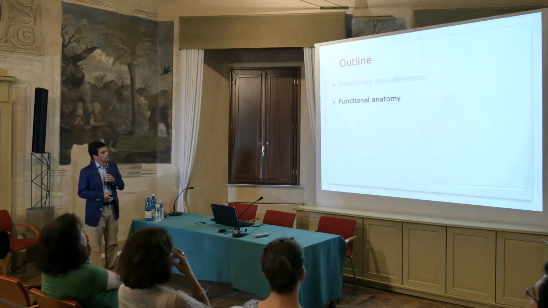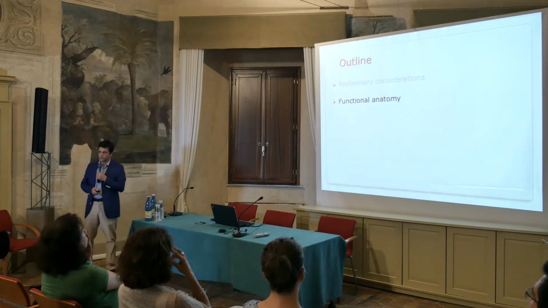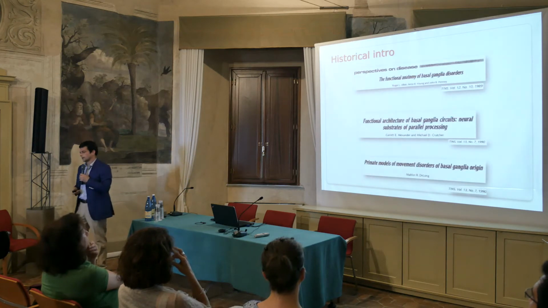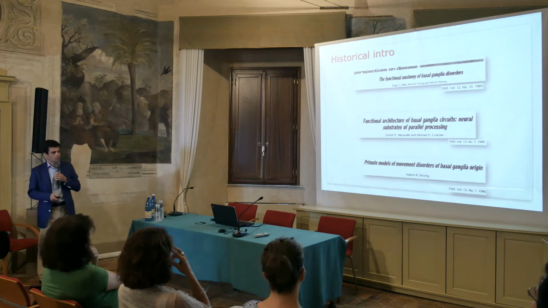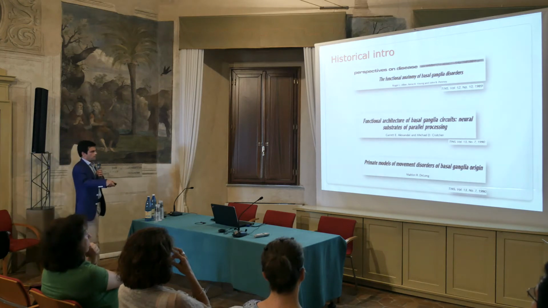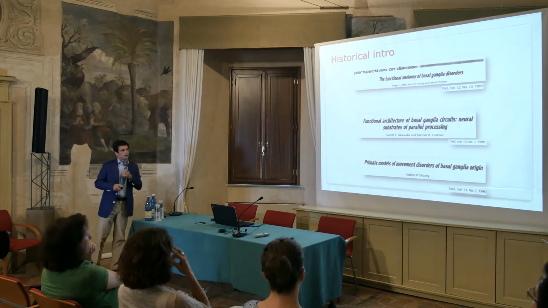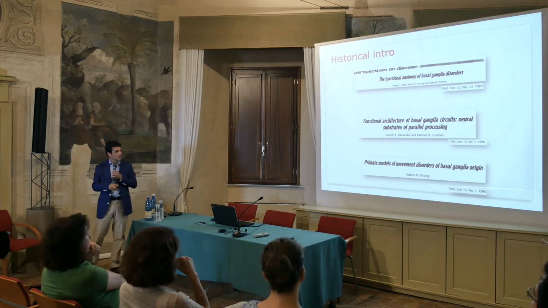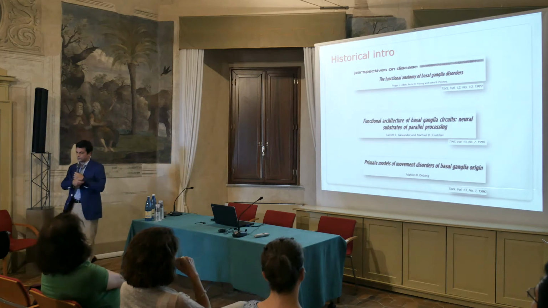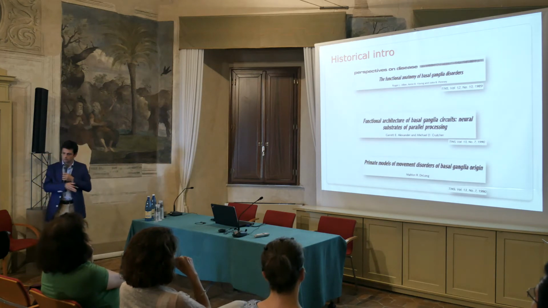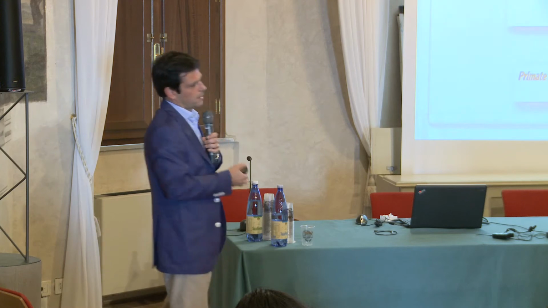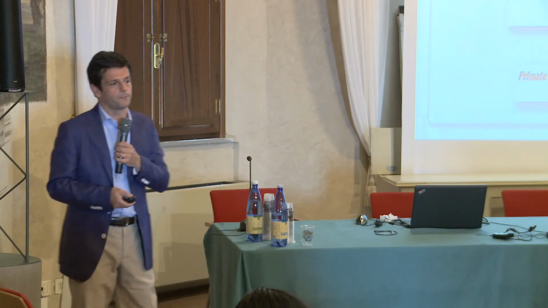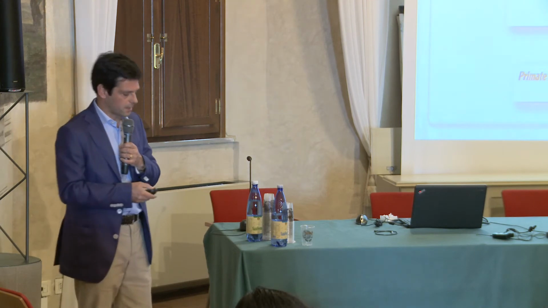And so if we want to go to the functional anatomy, I will show you how things started in the late 80s, mostly by Mellon, DeLong, but also by the group of Albin, Young, and Alexander and Crutcher. These are just reviews, but a few years before, they originally described and proposed models of basal ganglia function.